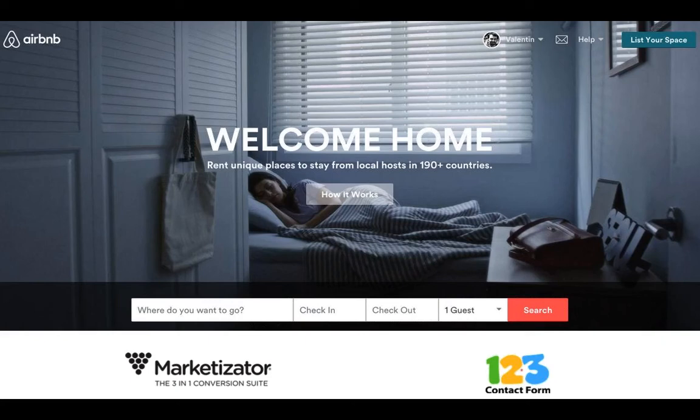Another example which I like very much is Airbnb. If you go right now on Airbnb, they are using a video and they are making you feel the emotion of moving to a new home, because basically that's what they are delivering to their customers. They are delivering an experience, and the economy is moving now from selling goods to selling services to selling experiences.